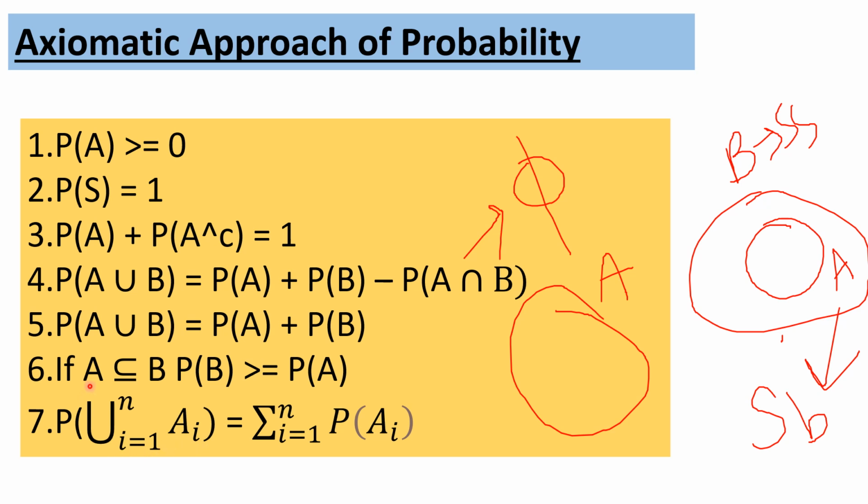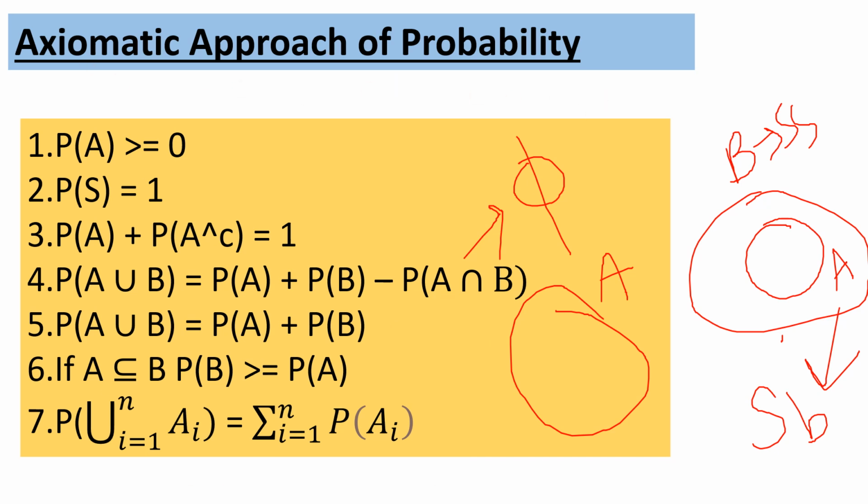If you take all those union అంటే addition అన్నమాట, ఆ సీక్వెన్స్ A యొక్క ఈవెంట్స్ యొక్క అన్ని యూనియన్ చేస్తే గనక that probability is equal to the summation of i equals 1 to n probability of A i. This is about the axiomatic approach of probability.